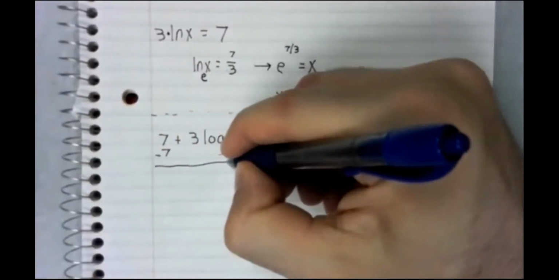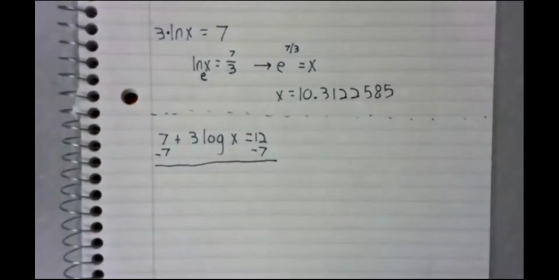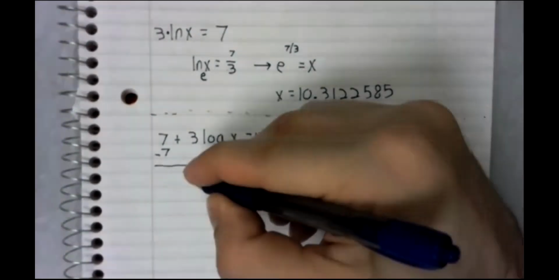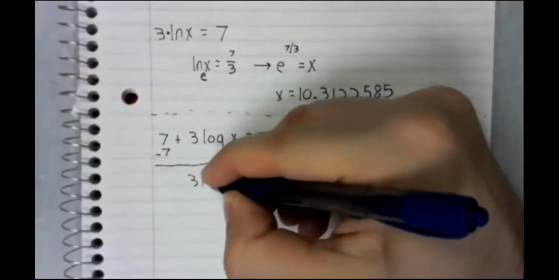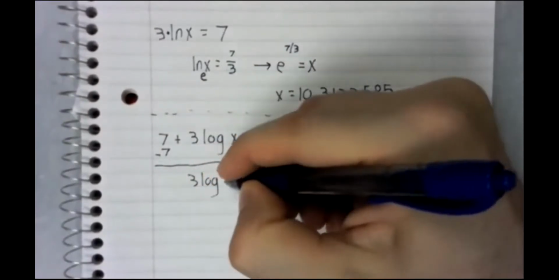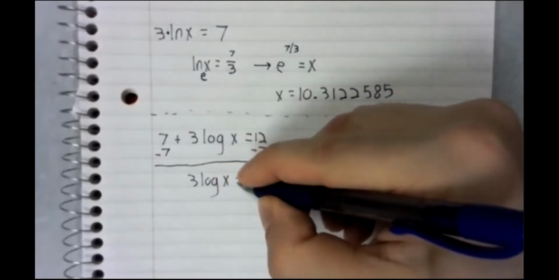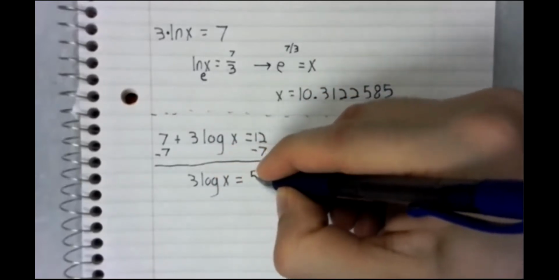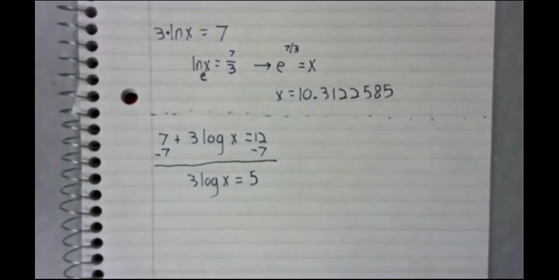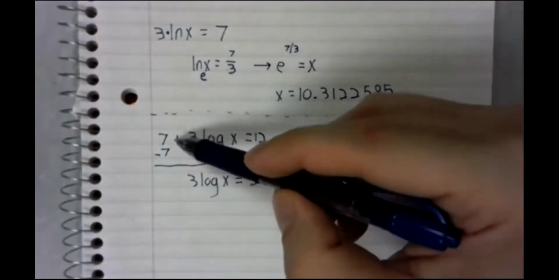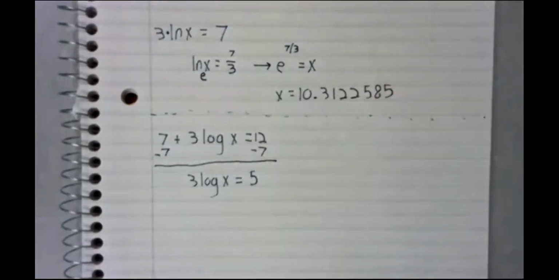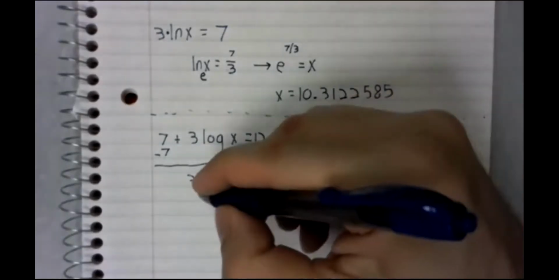Undoing the order of operations, first we'll get rid of that 7 via subtraction. Addition is undone via subtraction.